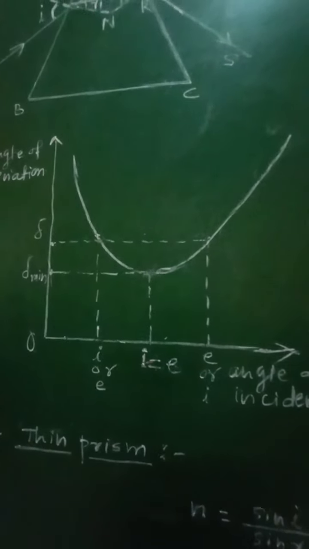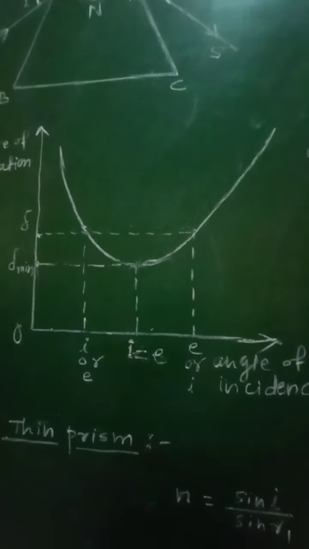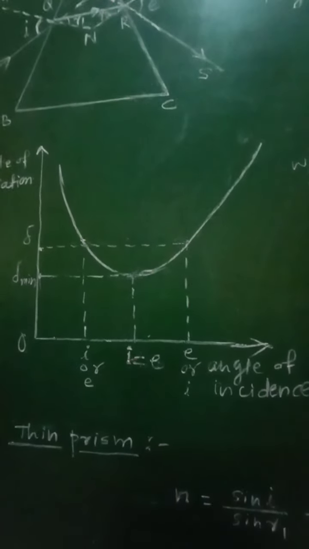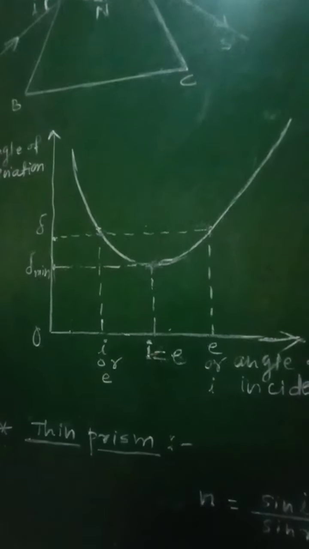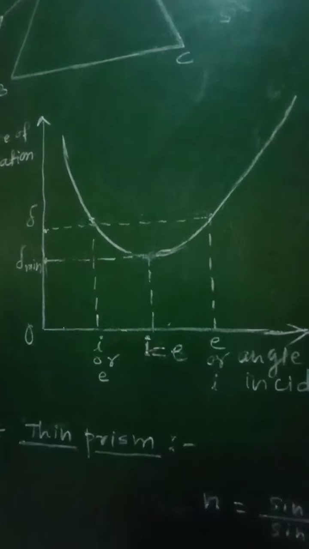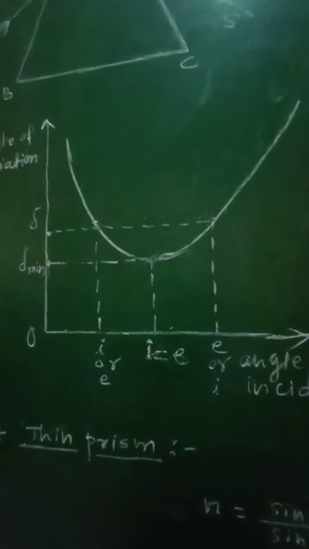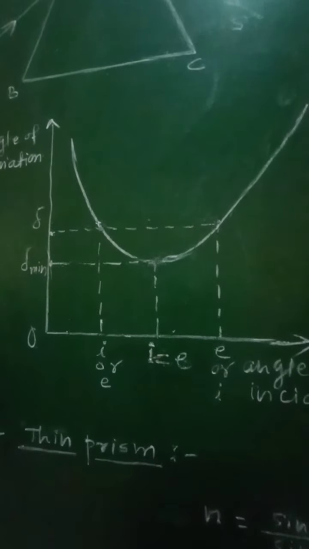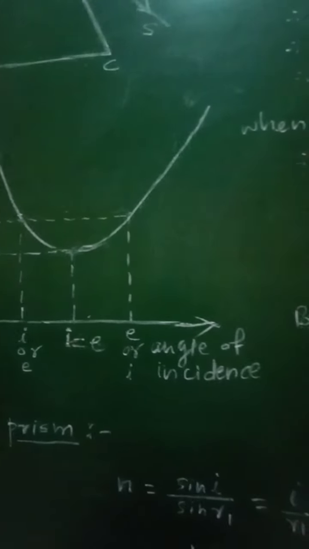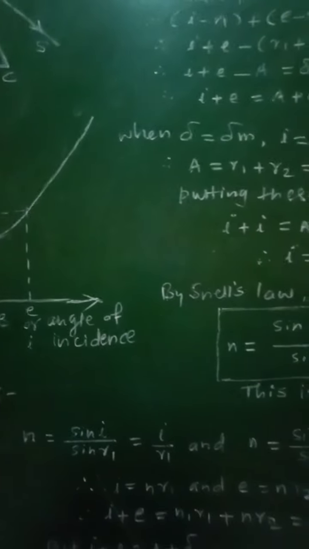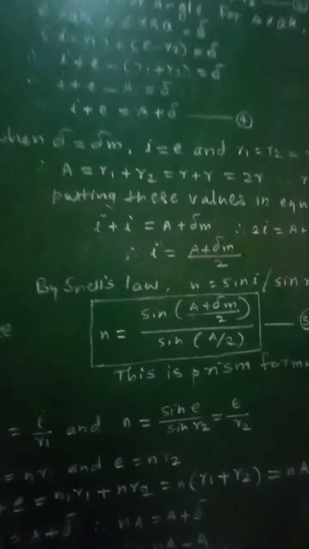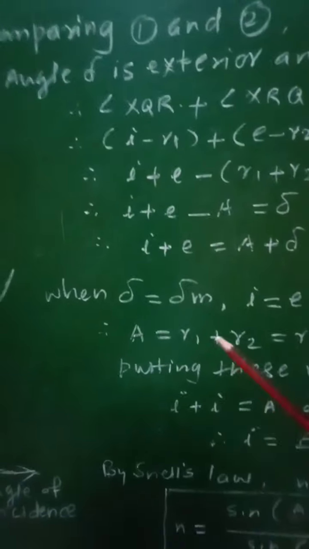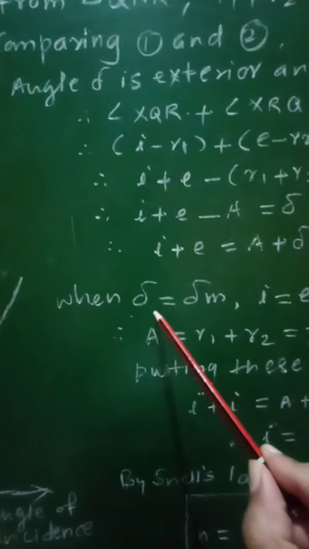If one of them is I, the other will definitely be E. So like this, except for delta minimum, all the angles of deviation will have two different values of angle of incidence and angle of emergence.